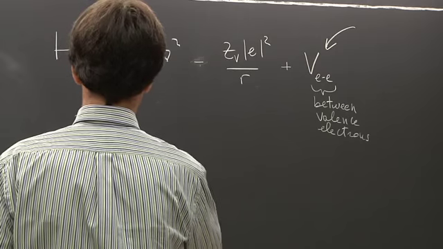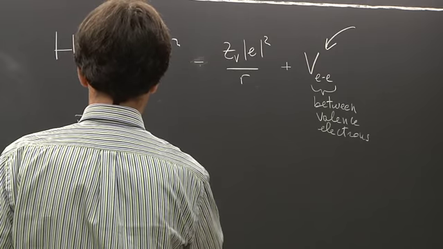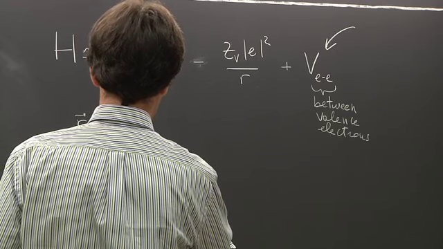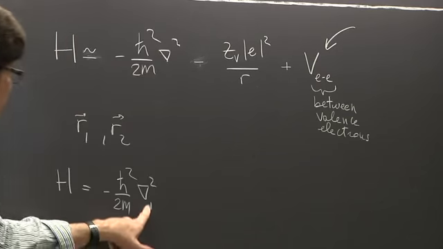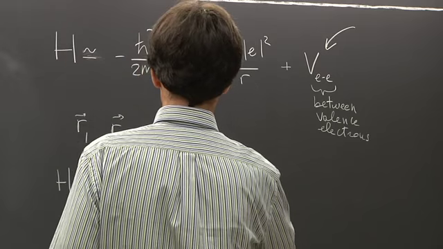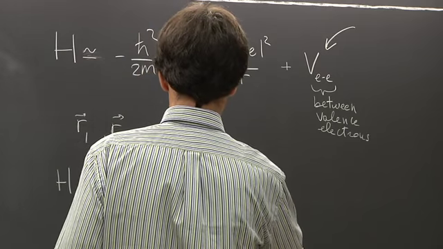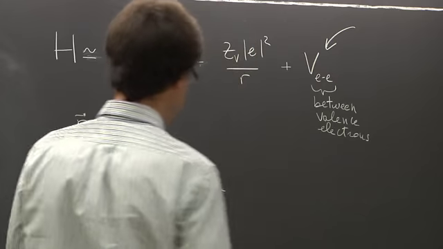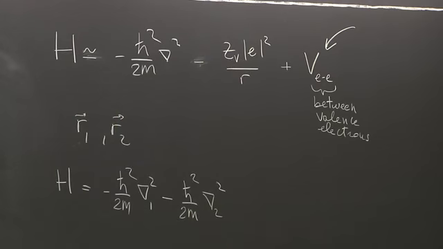So it will contain the gradient of the wave function with respect to particle 1, right? That would be the gradient with respect to this coordinate. Then there will be the gradient with respect to the other coordinate, coordinate 2.